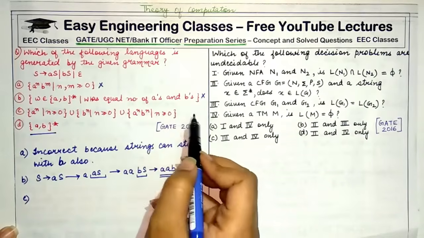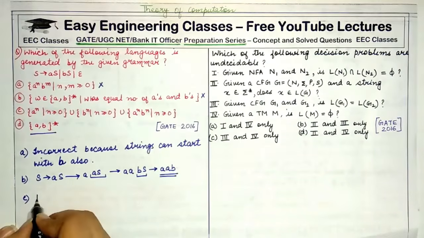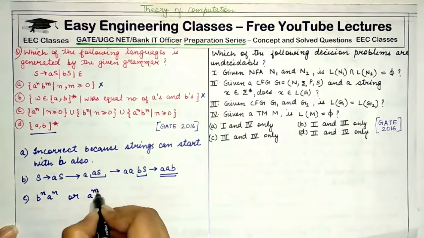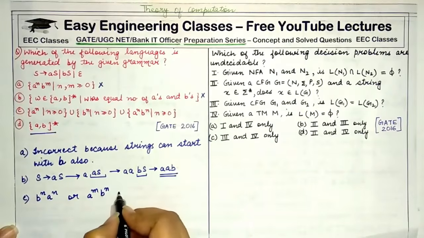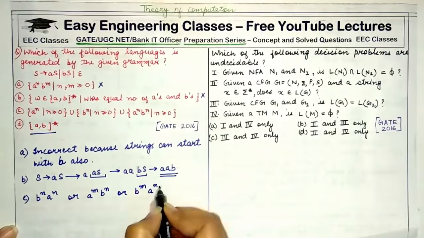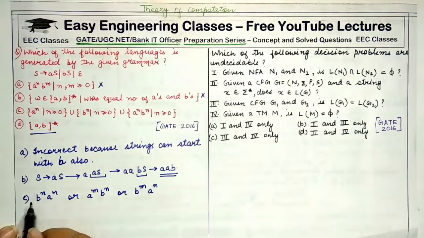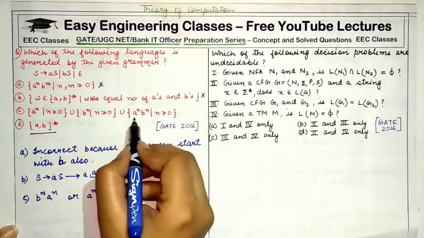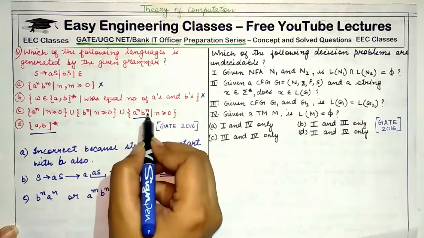Again, this is not the case, because of strings of the form B raised to power n, A raised to power n, or A raised to power m, B raised to power n, or B raised to power m, A raised to power n. That means an equal number of B's followed by an equal number of A's, or some number of A's followed by an unequal number of B's. Here both the values are equal, n.